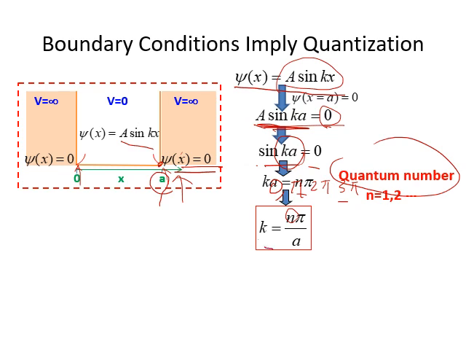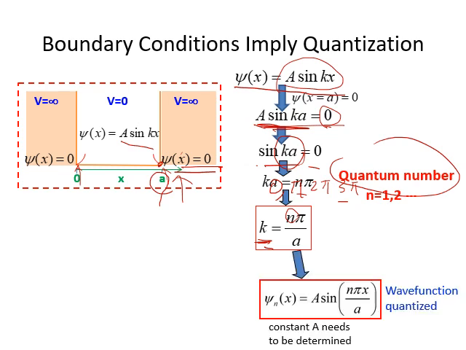And remember, k is related to the energy. So it's this equation. K, remember this equation? So k squared is a combination of those numbers including the E.